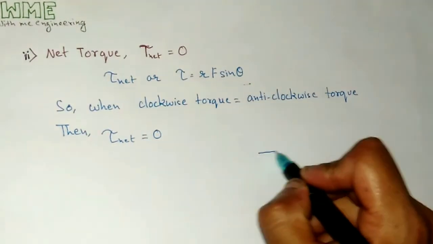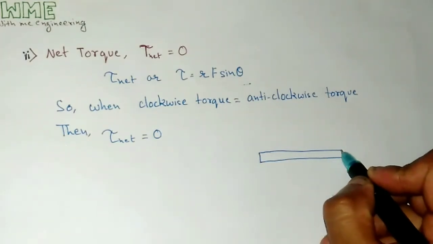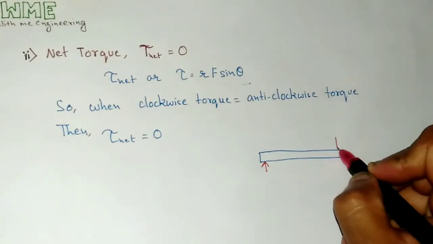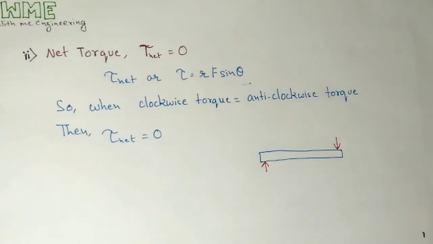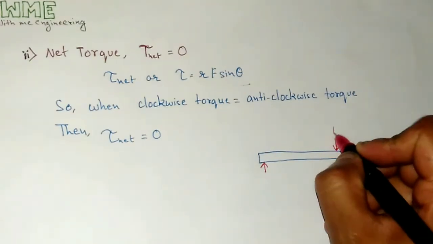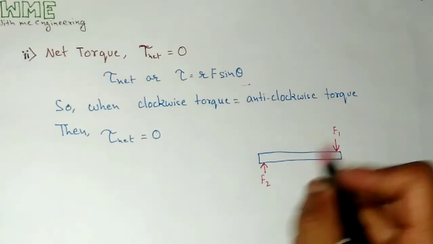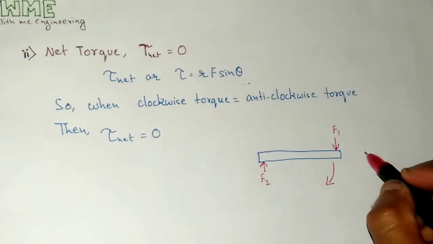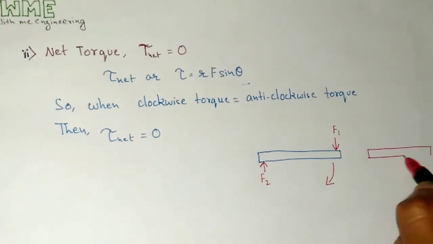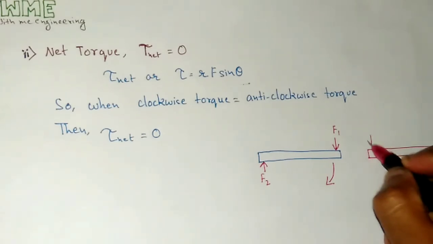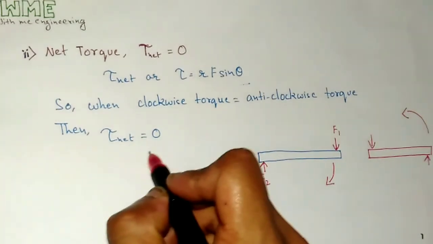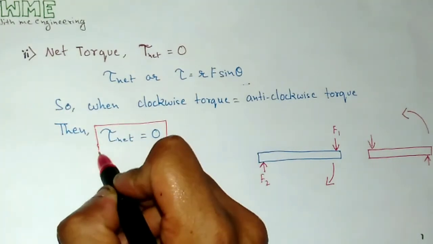It means that if any object has forces F1 and F2 which tend to rotate the body in a clockwise direction, and another force which tends to move the body in an anti-clockwise direction, and if these two are equal, then the net torque, that is tau net, shall be 0.